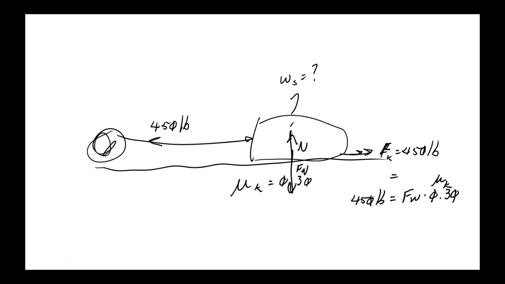Multiply? It doesn't ask for mass. It asks for weight. Don't you have to divide? 450 divided by 0.3. Exactly. And that should give you a pretty big number.